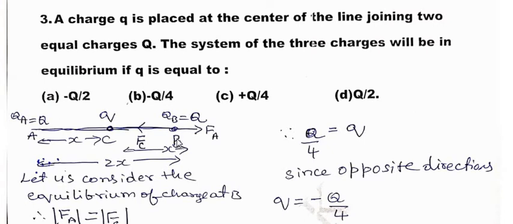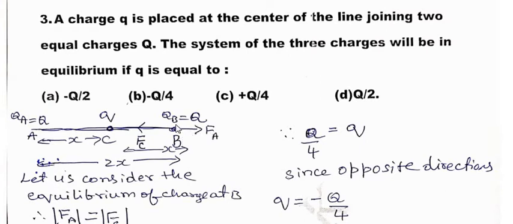The force acting on charge at B due to the charge at C, and the force acting on B due to the charge at A. We know that the charges at B and A are equal in magnitude and similar to each other. That means charges at A and B would repel each other. So the force acting on charge at B due to charge at A would be repulsive. I have written it as FA in this direction.